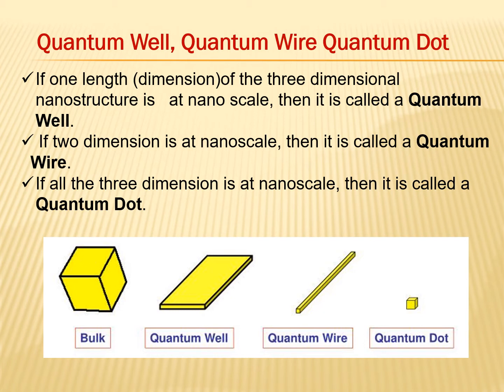If all three dimensions are at nanoscale, it is called a quantum dot. The quantum well will look like a flat surface, whereas quantum wire will look like a rod, and the quantum dot looks like a dot, very small.